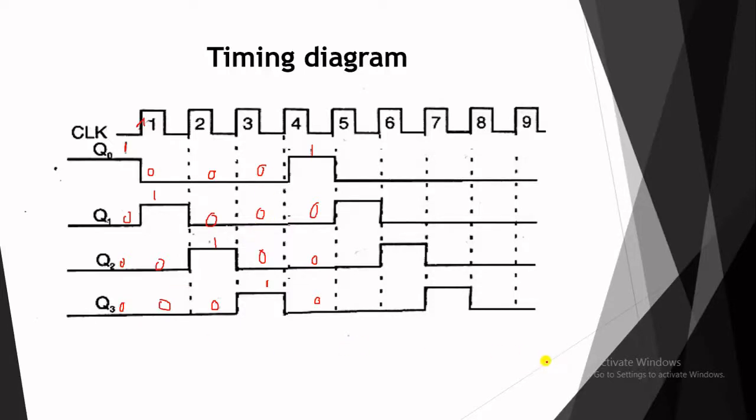Understood? So in this way this circuit is rotated from 0001, which is the initial state of the counter, to 1000 and again starts from 0001.